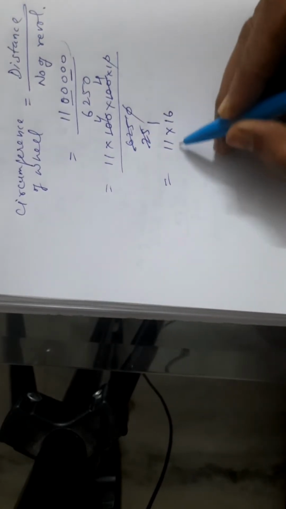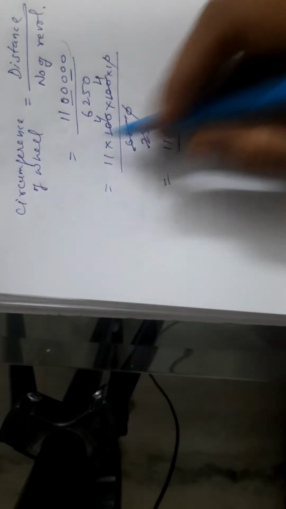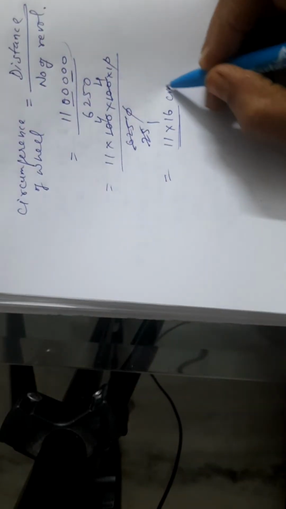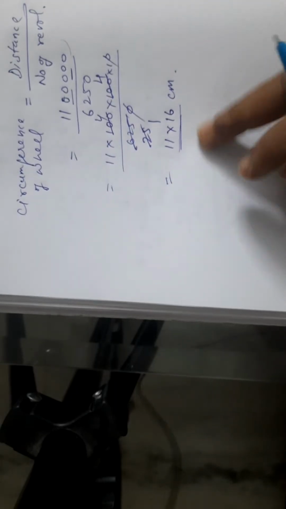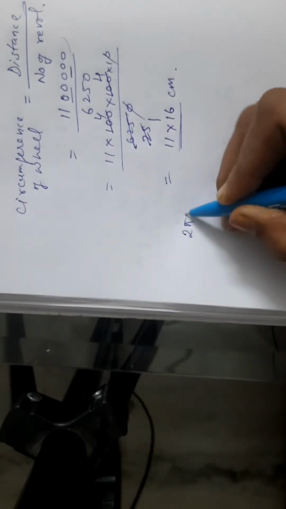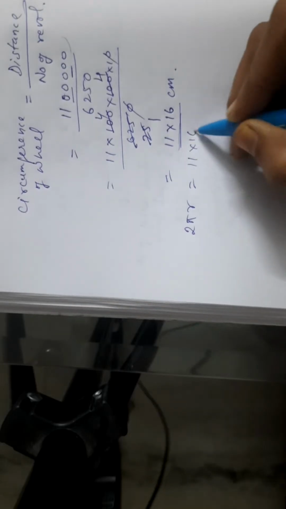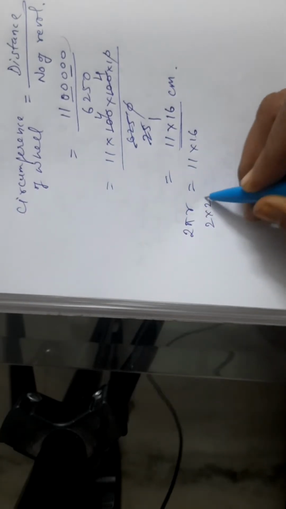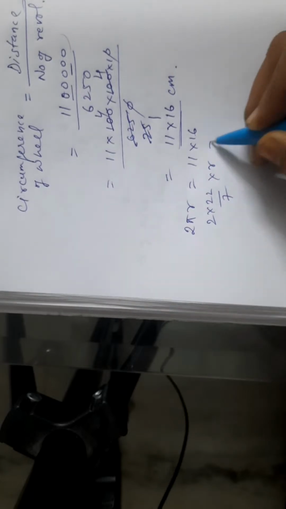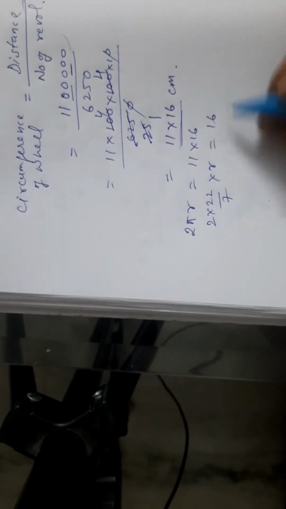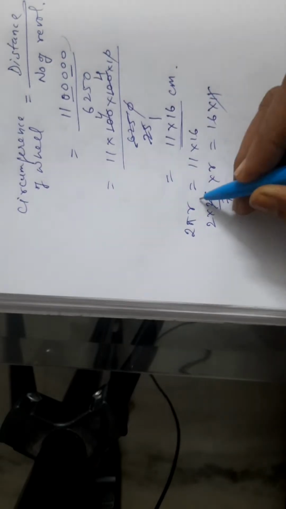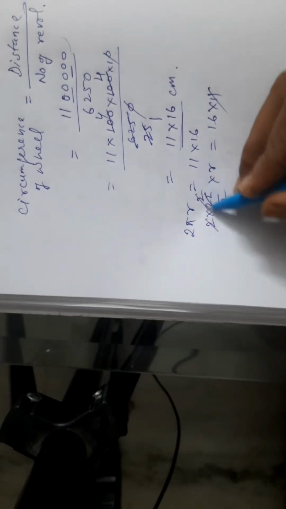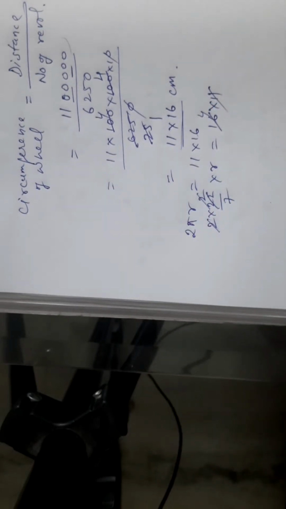As we are finding circumference of the wheel, unit will be centimeter. Now compare this value with the circumference. 2 pi r is 11 multiplied by 16. 2, 22 by 7 multiplied by r is 16. Now cancel them. 11 2s are 22, 2 2s are 4, 4 4s are 16.